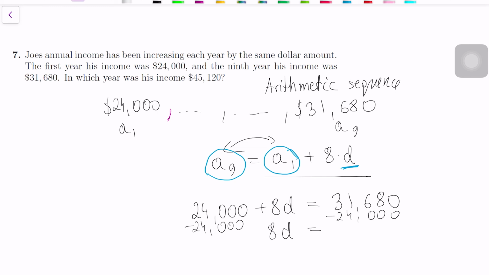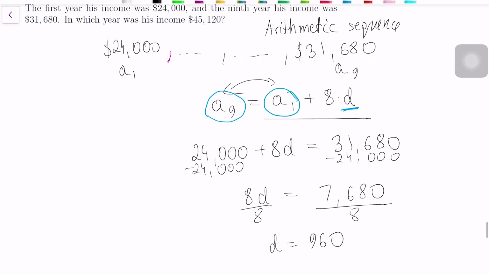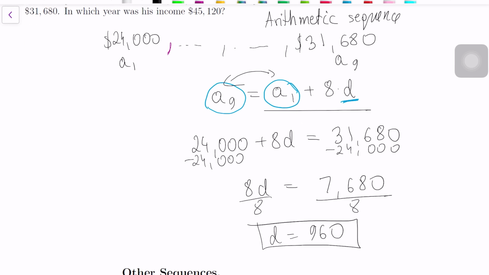So 8D will be equal to 7,680, and then you divide by 8 on both sides, so the difference D will be 960. That means that each year his income increases by $960.